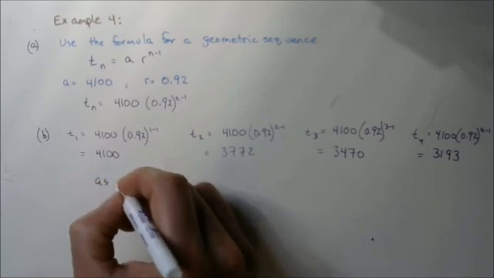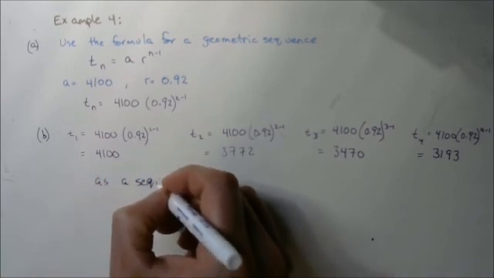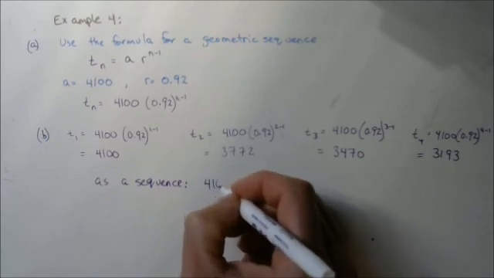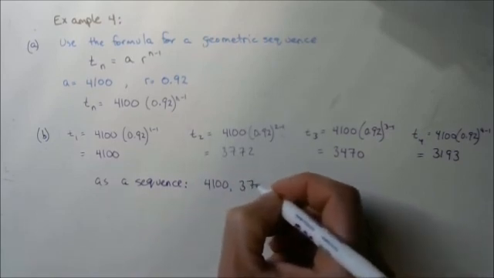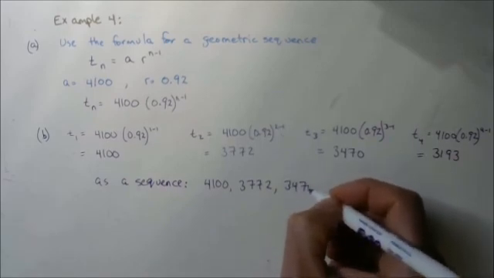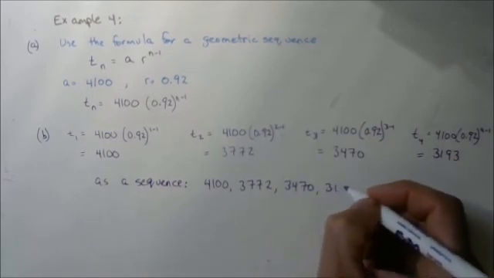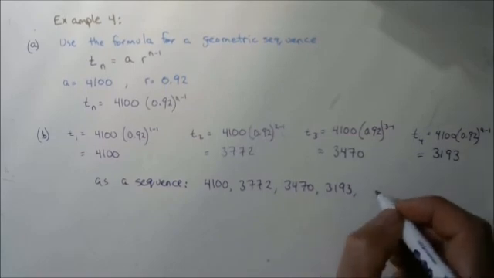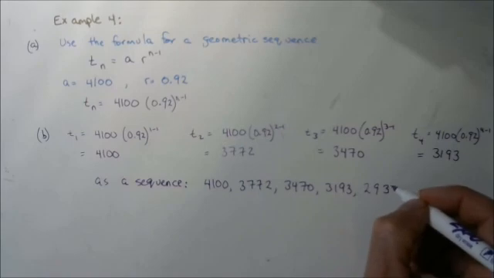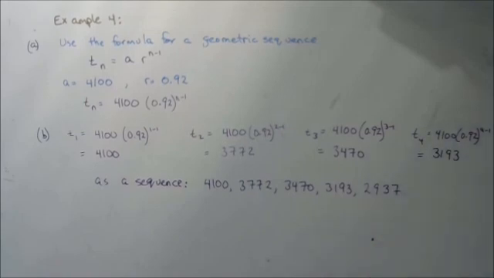And as a sequence, 4,100, 3,772, 3,470, 3,193, and because it wants us to do 5, here's the 5th one, 2937.